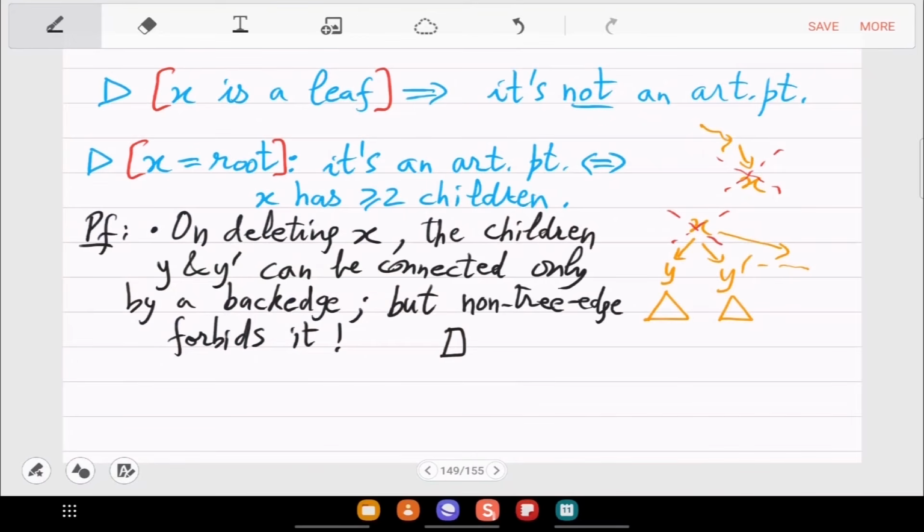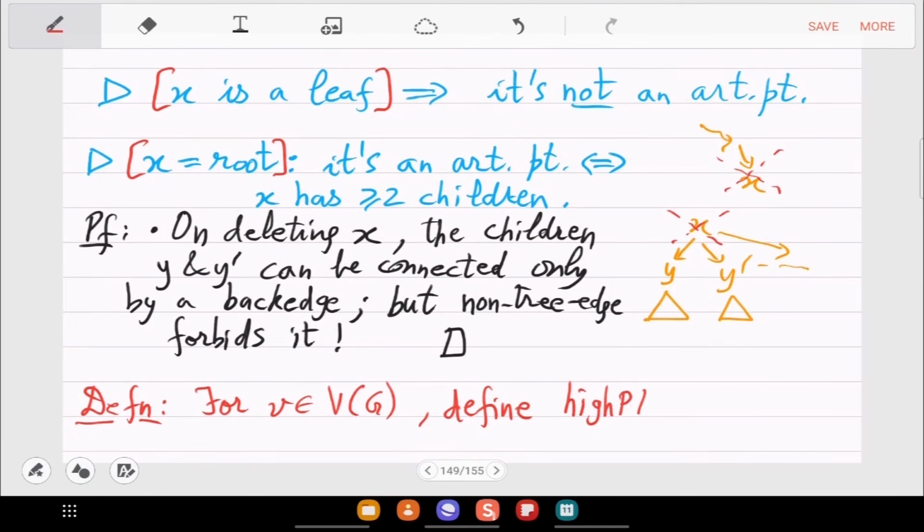So we'll call it a high point. So for v in the vertex set of the graph, define high point to be the DFN of that highest ancestor.